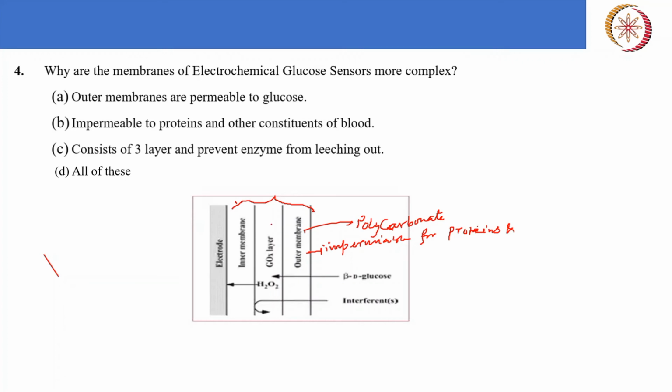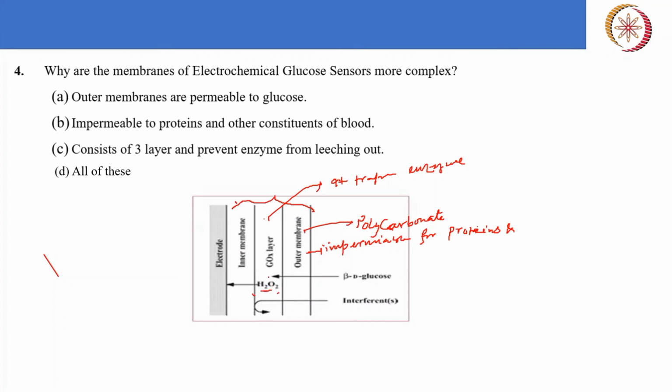And the middle one, which is permeable for hydrogen peroxide as well, traps the enzyme. And the inner part is permeable for hydrogen peroxide.